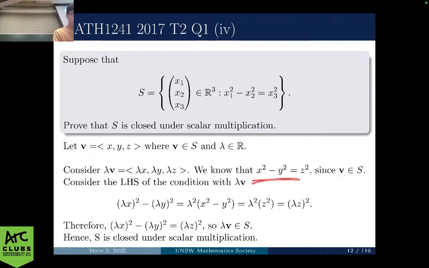And I know that x squared minus y squared equals z squared, which is this term here. And so I can just rewrite it like this. And thus, we're back to our first thing. This is our condition to show that it's closed under scalar multiplication, because this is just this term again. Hopefully that's simple as well. Any questions for that? Hopefully that's all okay. Cool.